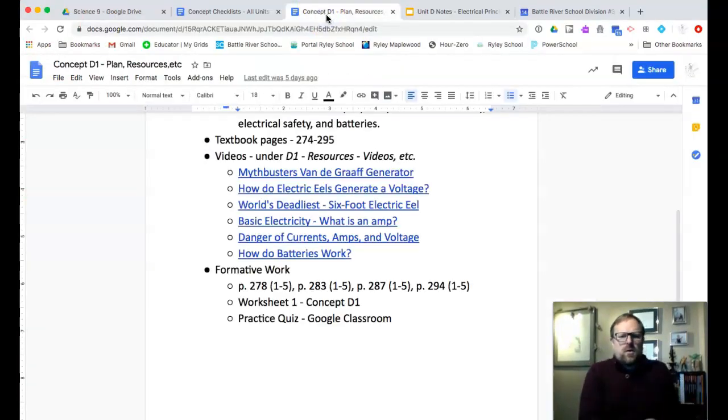And then there's also worksheet 1 on concept D1 that I'd like you to have a look at as well. Once you've done all of that and you feel comfortable, then you can move on to the practice quiz, which you'll find in the Google Classroom. Once I've gone through the practice quiz and provided you feedback, then you may go on to doing the summative quiz as well. Don't do it beforehand.